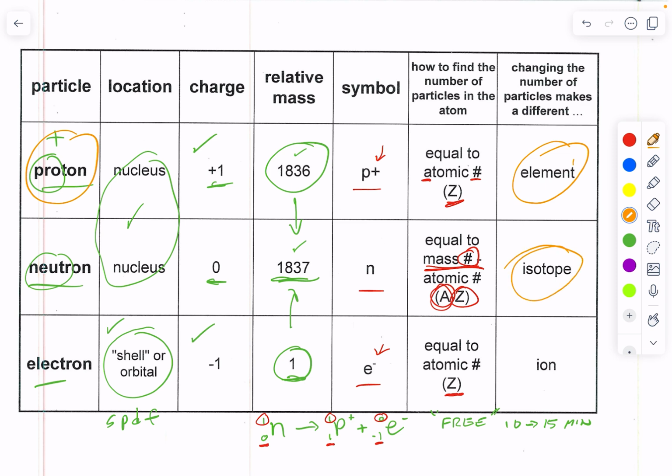And some atoms can have 12, 14, 16 different isotopes, only a few of which would be very common and very stable. If you add up all of the isotopes of all of the atoms on the periodic table, you have hundreds and hundreds of them. Most of those isotopes would be unstable, meaning that they would undergo radioactive decay very quickly. And then if you change the number of electrons, you have a whole different ion.